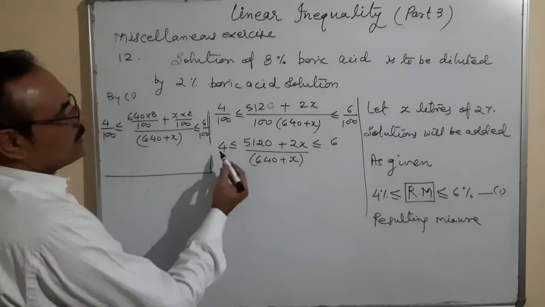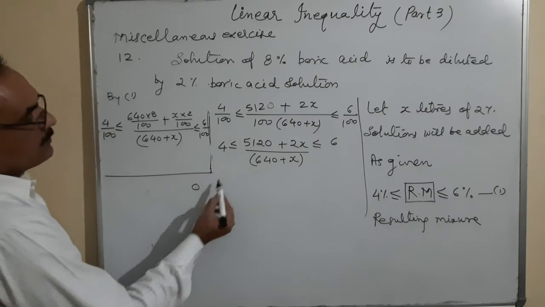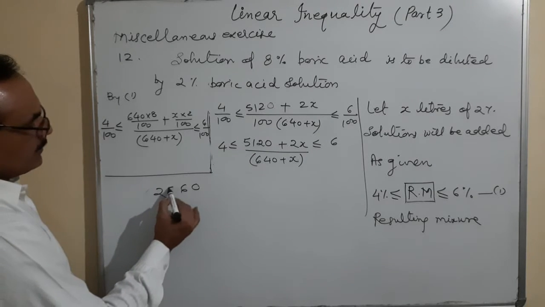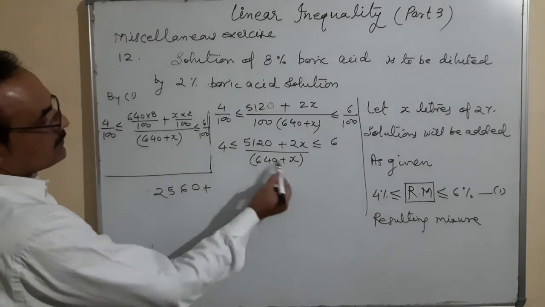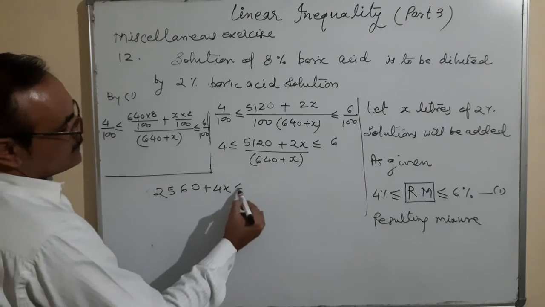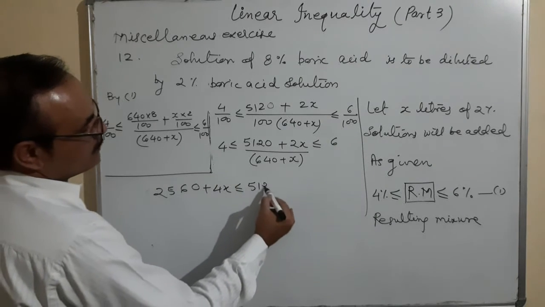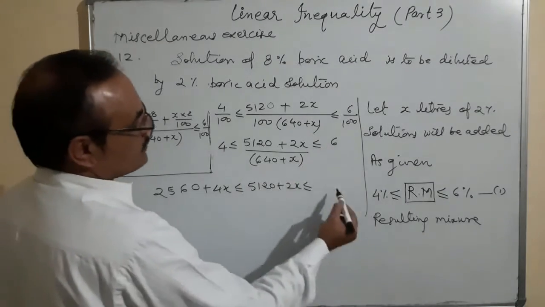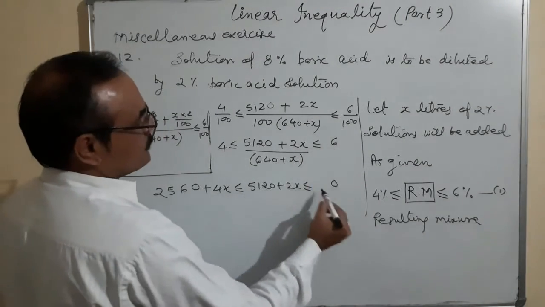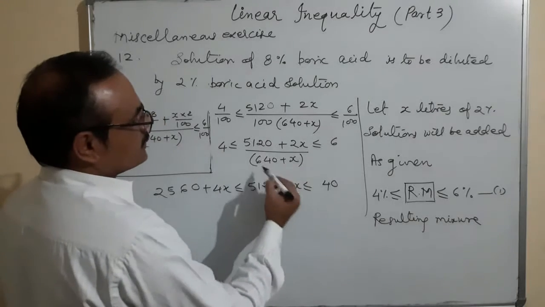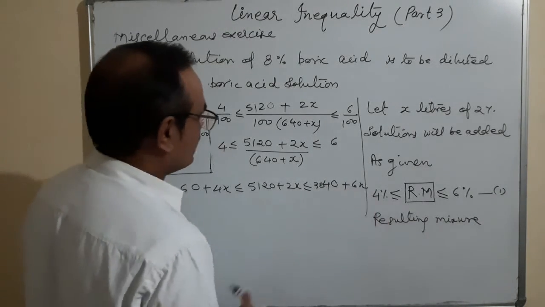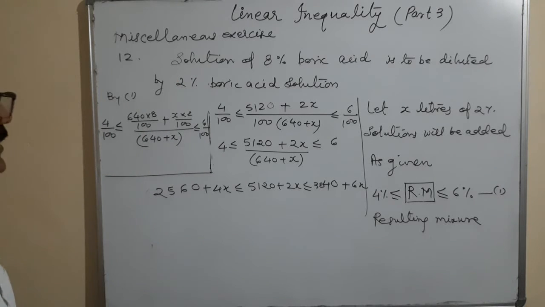So multiplied here, 4 4s are 16, 4 6s are 24, 125 plus 4x is less or equal to 5120 plus 2x is less or equal to 6 4s are 24, 6 6s are 36, to 38 plus 6x. Is that okay? And now what should be done?